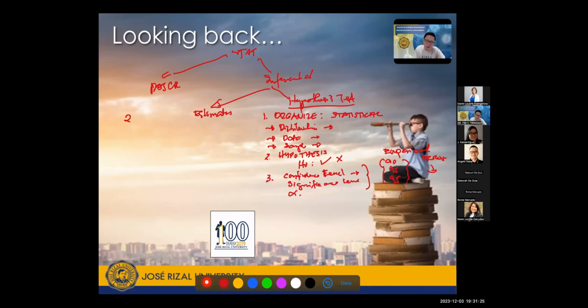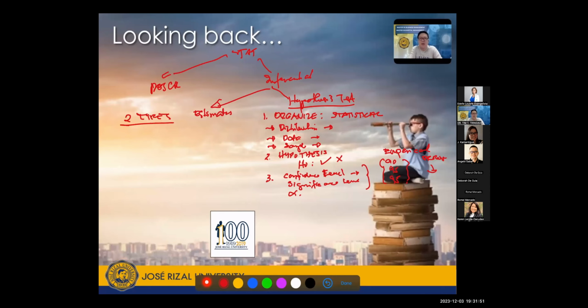Just like in any part of our life, two types of error. When we make decisions, we are always faced with the possibility of making a wrong decision. Right decision or wrong decision. It's either we decided the right thing when in fact it is the other way around.